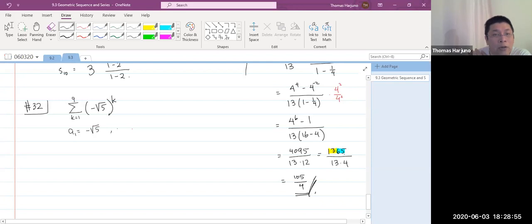The common ratio r is negative radical 5 too. So the sum, that's the sum up to 9, right? From the first term to the ninth term. That will be the first term times 1 minus negative radical 5 to the ninth, over 1 minus the ratio.